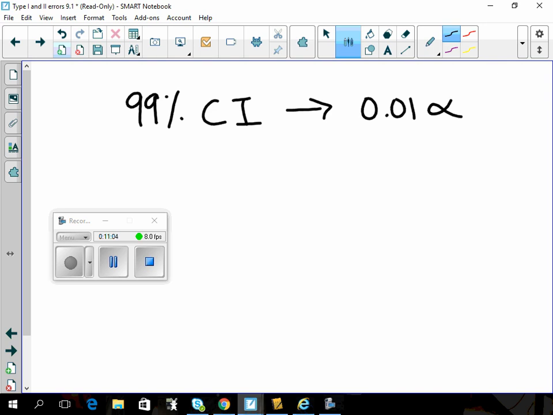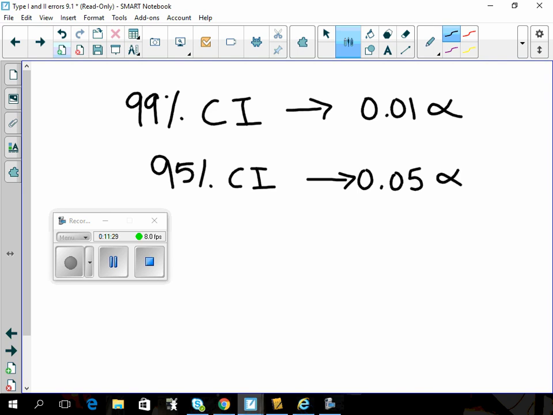Okay? What would happen if I had a 95% confidence interval? What would the significance level be associated with that? 0.05, right? They add to be 1, right? Okay? They're not inverses. They add to be 1.